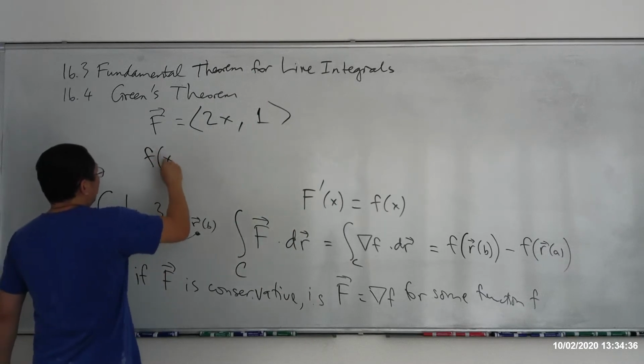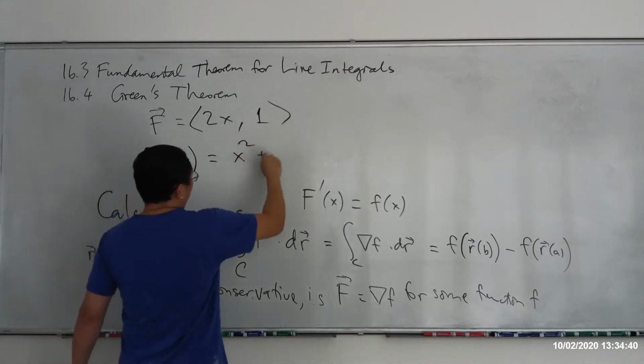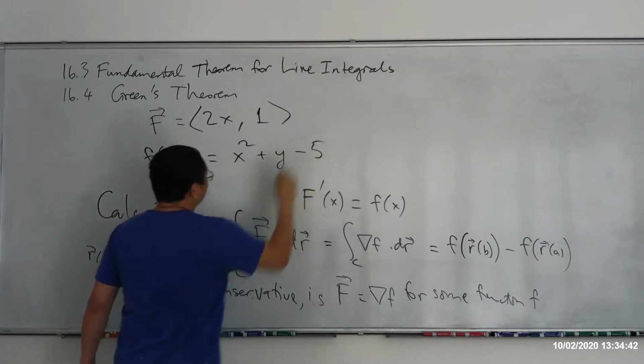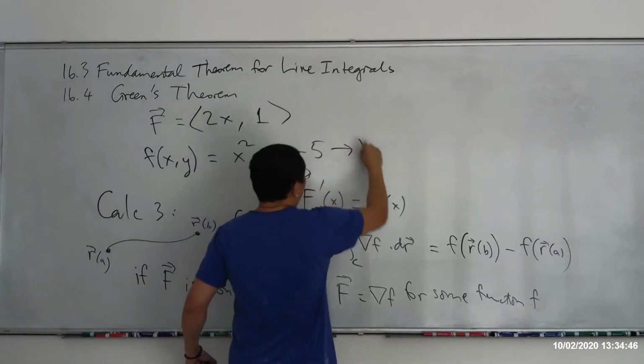Then I claim that this is a conservative vector field because I can find the function f(x, y) equal to x squared plus y, say minus 5. Because I can calculate the gradient of f.